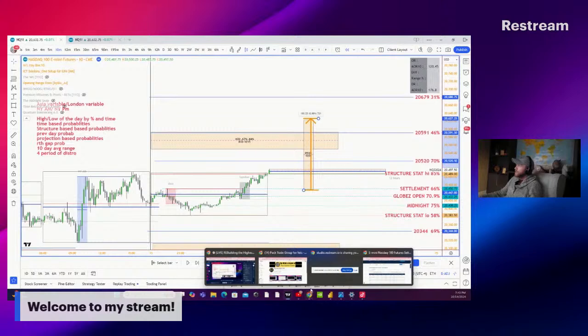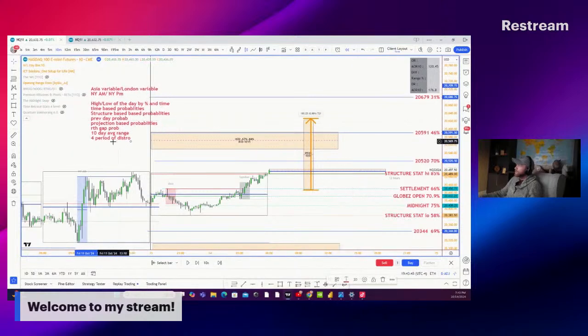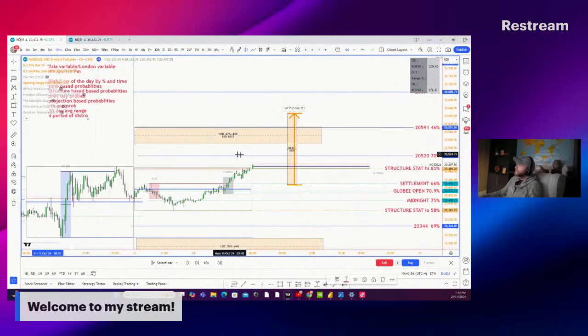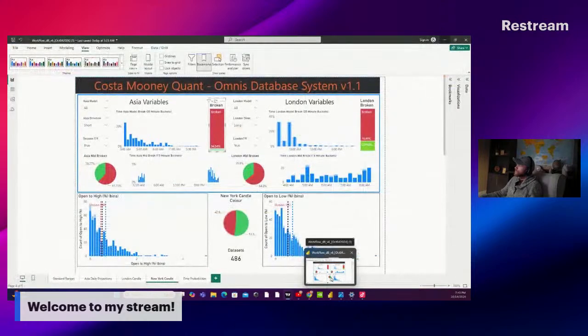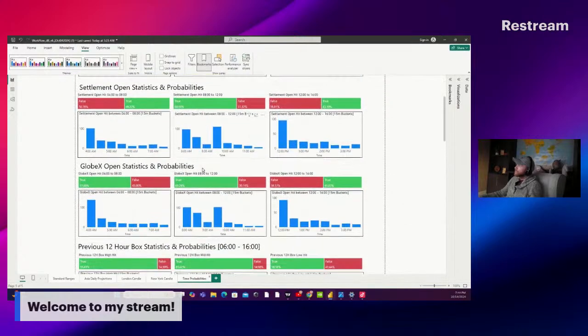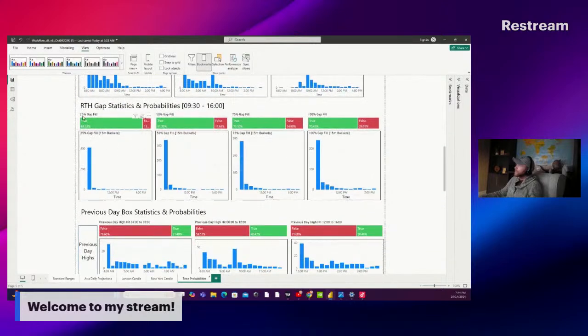All right. And so now we're going to go to our RTH gap real quick, and then we'll go into our average daily ranges, right? All right. So now we're going to look at our RTH gap fills, right?